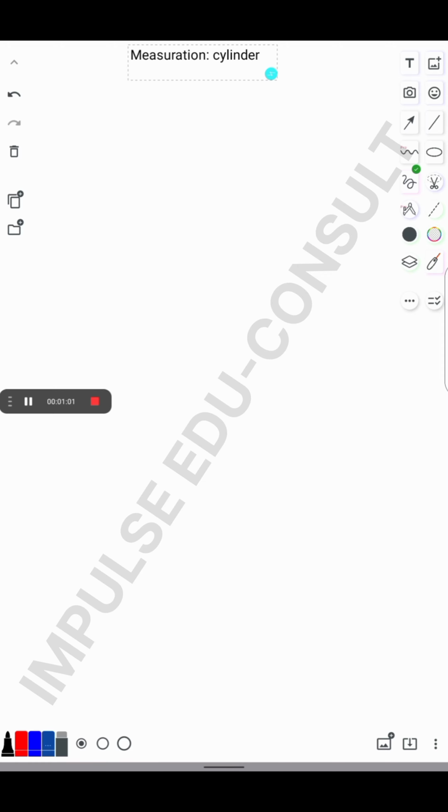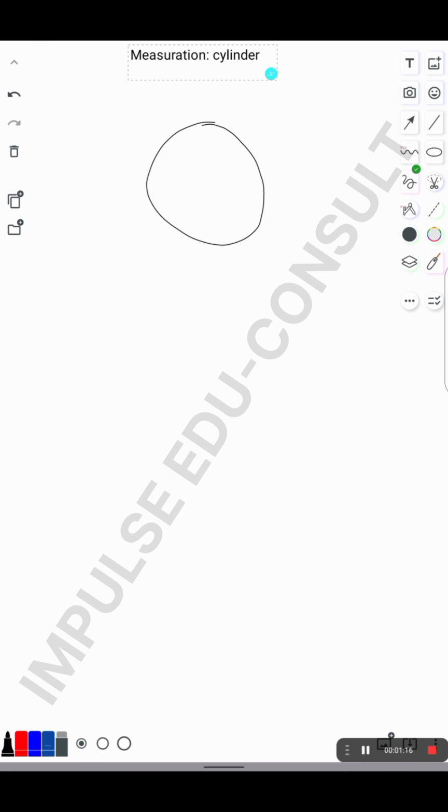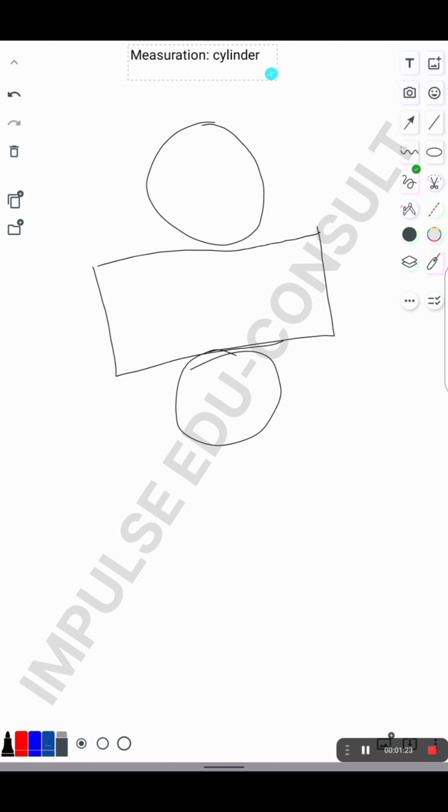Now as you can see here, we have a cylinder being formed by two circles, then a rectangle and another circle.